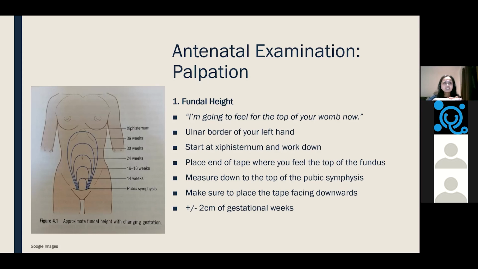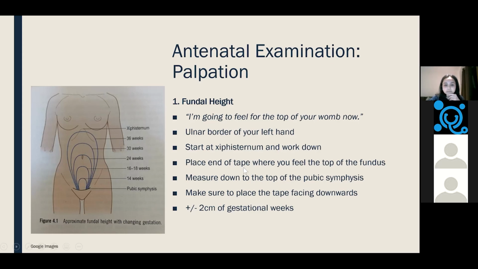It's usually like a line that you can kind of feel, but it's sometimes difficult to feel it just going with your ulnar border. So I tend to palpate quite deeply sometimes to feel for it. And the picture here is just a nice guide on whereabouts you could potentially feel the fundus during each week of gestation.